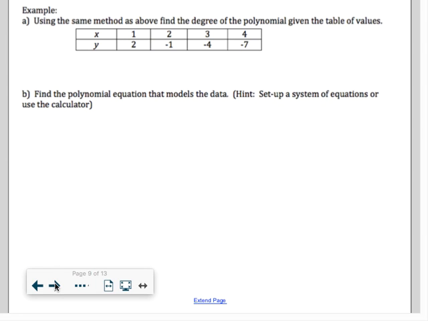It says, using the same method as above, find the degree of the polynomial given the table of values. So we're going to go ahead and do the differences. This is down 3, down 3, down 3. So this is linear. Okay, linear is your first degree, quadratic is your second degree, cubic is your third degree, and so on.